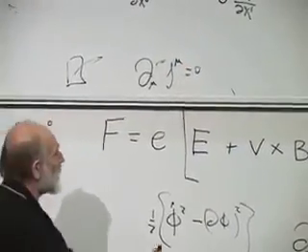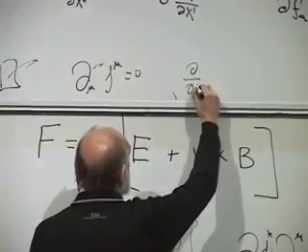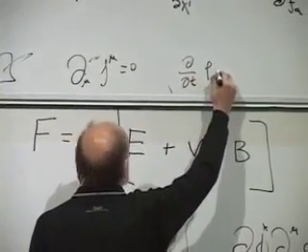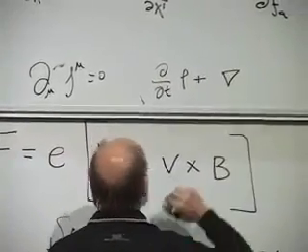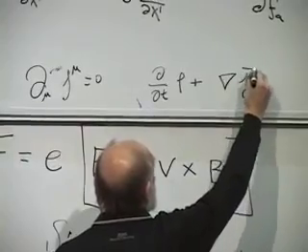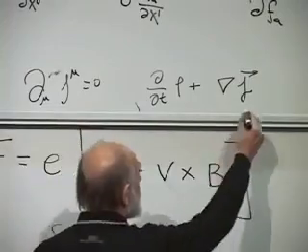This is also the equation that says the time derivative of the charge density plus the divergence of the usual three-dimensional current should be equal to 0.